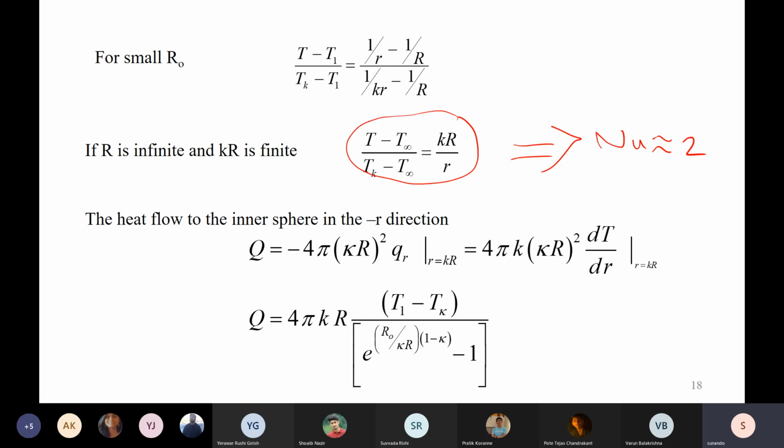And if we assume Fourier's law to be valid, it should be 4 pi k dT/dr at r equals kappa R. So the expression for T as a function of r decides how much heat is to be removed from the inner sphere by the refrigerant.